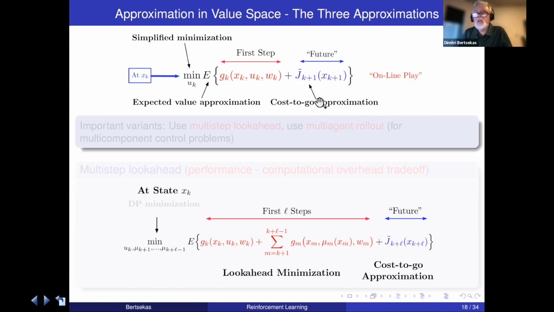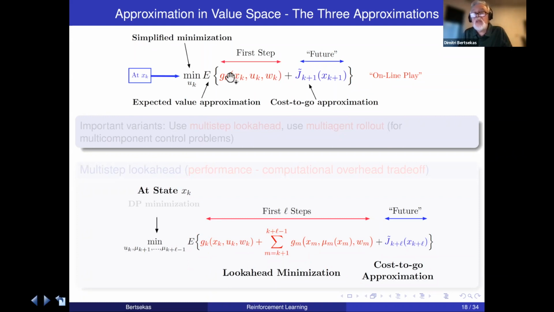One is the cost to go approximation, finding J tildes, okay? Another one is this minimization here, which can be very difficult. Simplifying the minimization is an important idea in reinforcement learning and approximation in value space. The third approximation comes from this expected value, which again can be quite hard to compute.